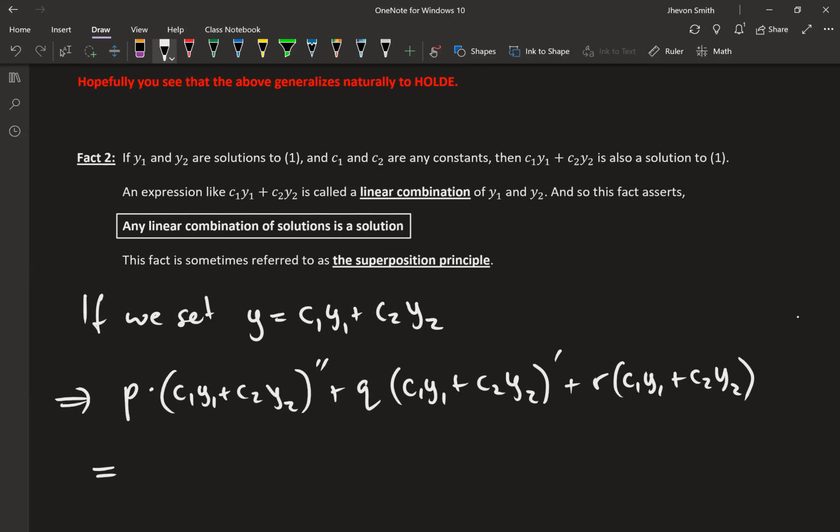That will give us, so here I'm plugging into the left side of the ODE.